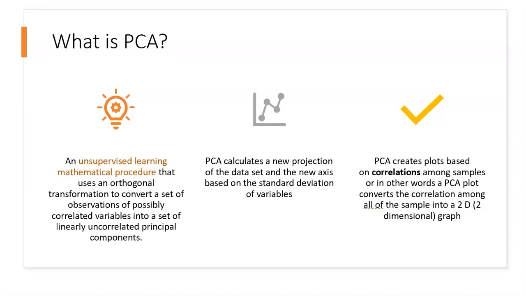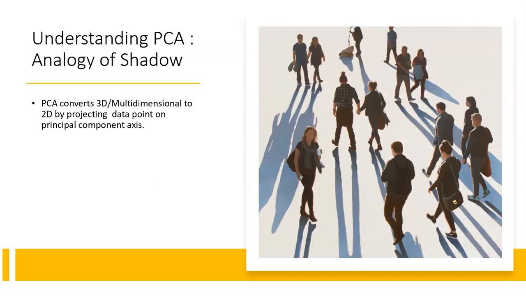PCA creates plots based on correlation among samples, or in other words, a PCA plot converts a correlation among all of the samples into a 2D graph. So basically, you can understand this in simple terms: PCA converts this 3D or multi-dimensional data to 2D by projecting data points on principal component axes.